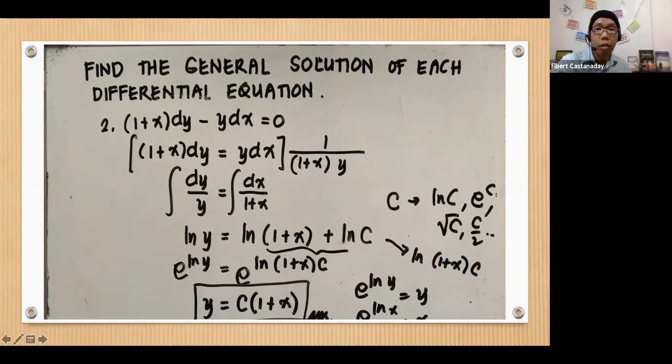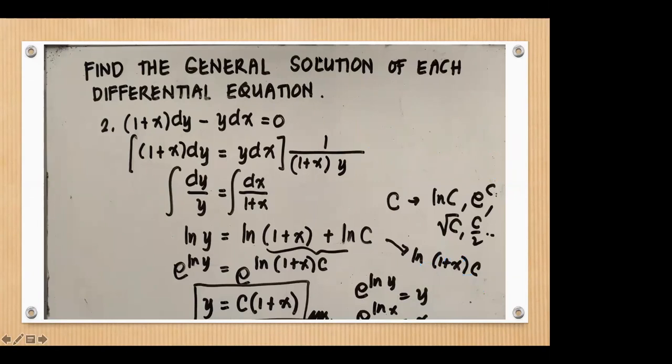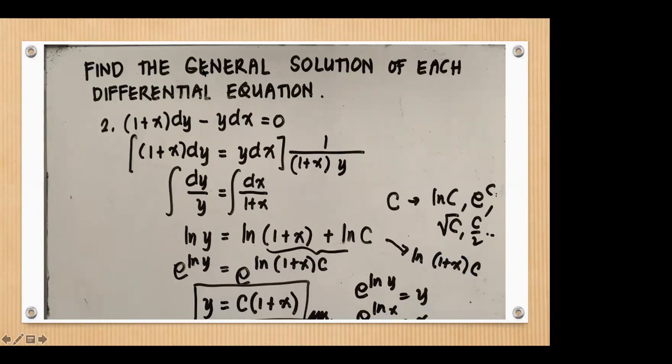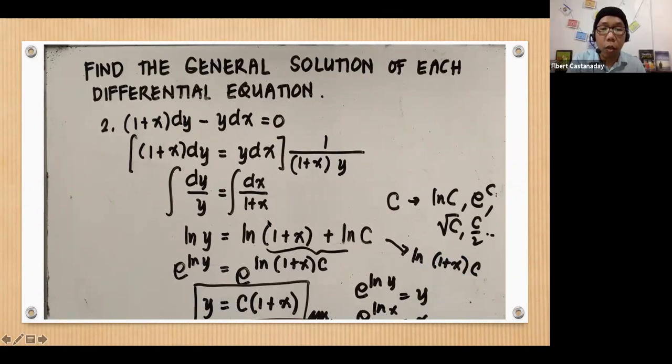Yes, sure. Why did it become e raised to ln of y again, in the next step, above the answer? Okay, so as I mentioned earlier, we must be able to simplify the equation.